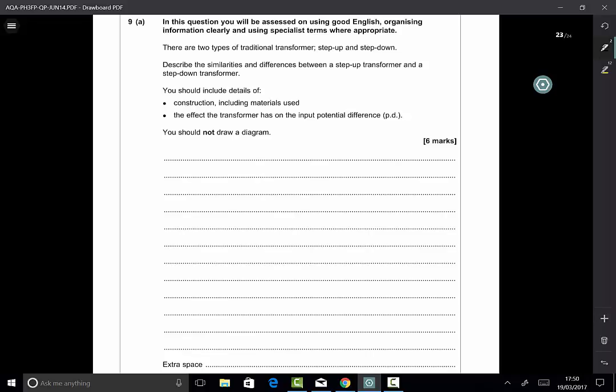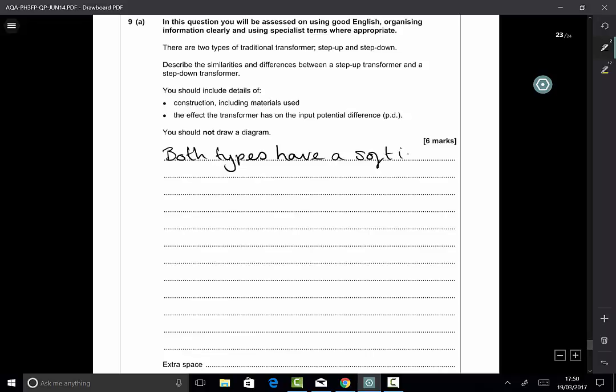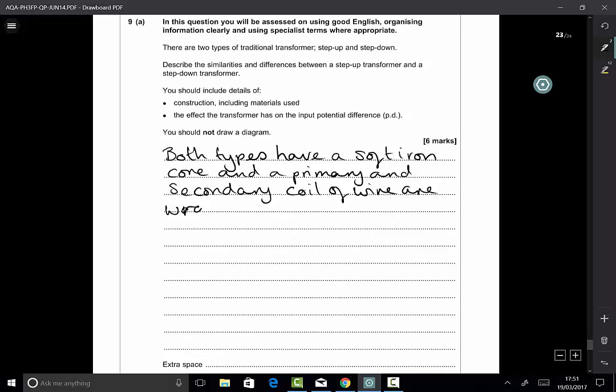Okay, so both types have a soft iron core and a primary and secondary coil of wire wrapped around this.